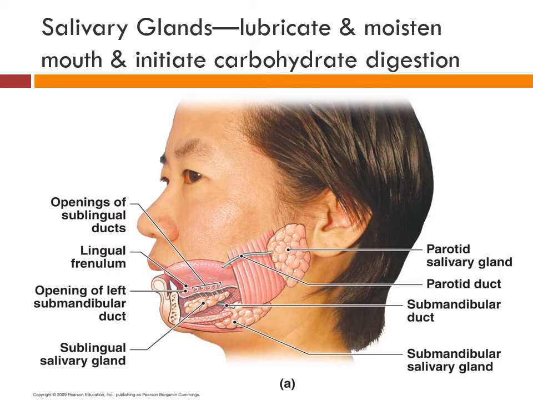The glands are the sublingual glands, which are down underneath the tongue, the submandibular glands, which are down sort of at the angle of the jaw, and then the parotid salivary glands, which are up sort of right under your zygomatic arch.